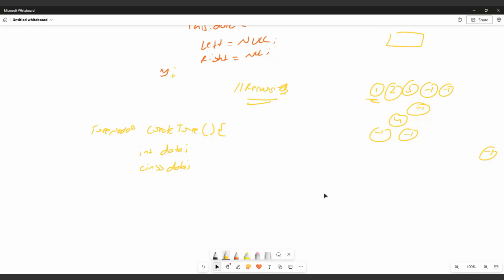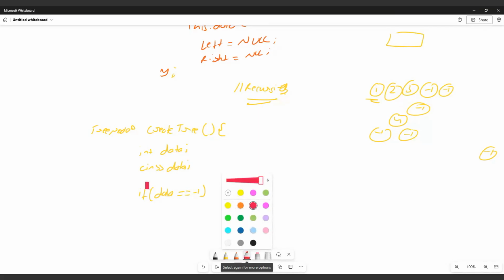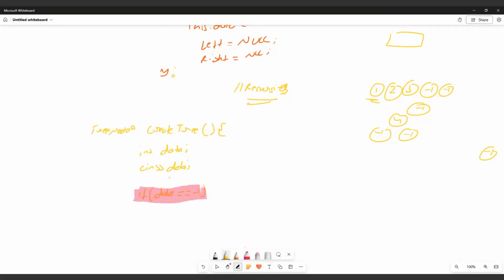So if data is -1, we are pointing to null. Let's check that. We are going to check if data is equal to -1. If data is equal to -1, do what?